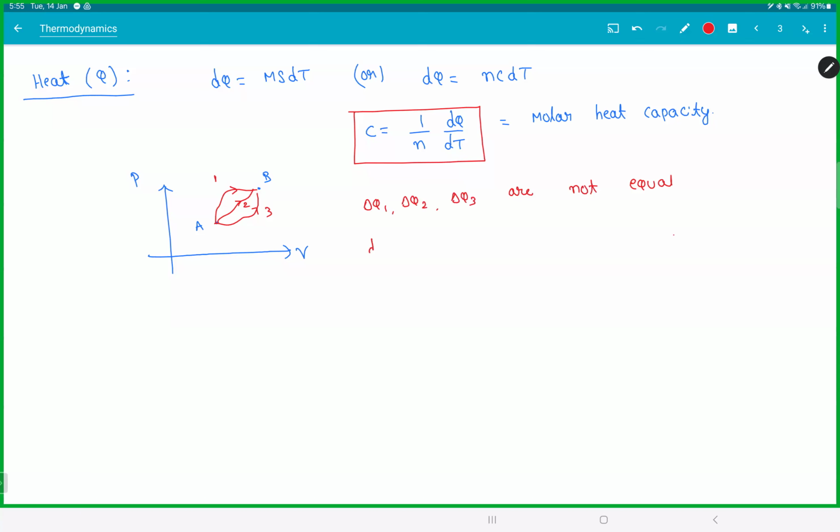This depends on the path. It's a path-dependent process. So if you say I'm going from A to B, you need to tell me how you're going, or else I can't find the heat produced, absorbed, or emitted. So heat depends on the path.